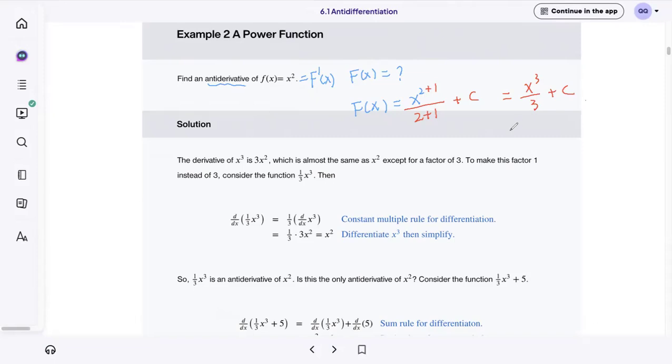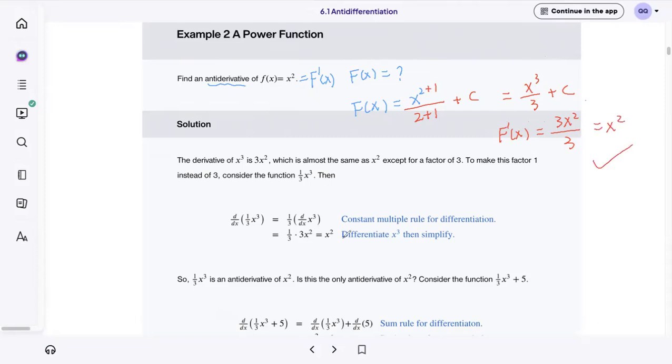We can check: if we take the derivative of this, x cubed differentiates to 3x squared, then we divide by 3, and c differentiates to 0. So that's just x squared.